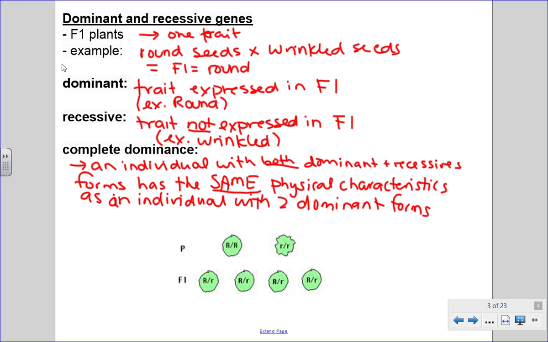So complete dominance is when an individual with both dominant and recessive forms has the same physical characteristics as an individual with two copies of the dominant form.